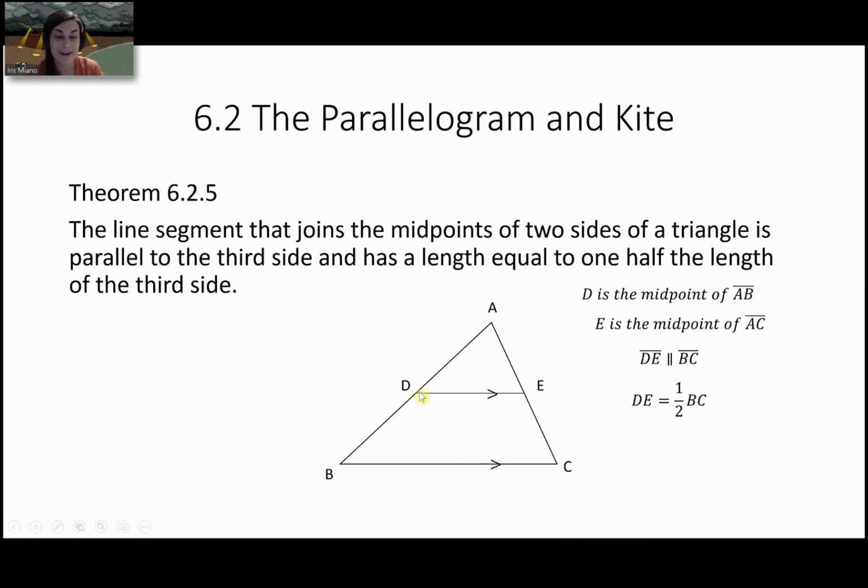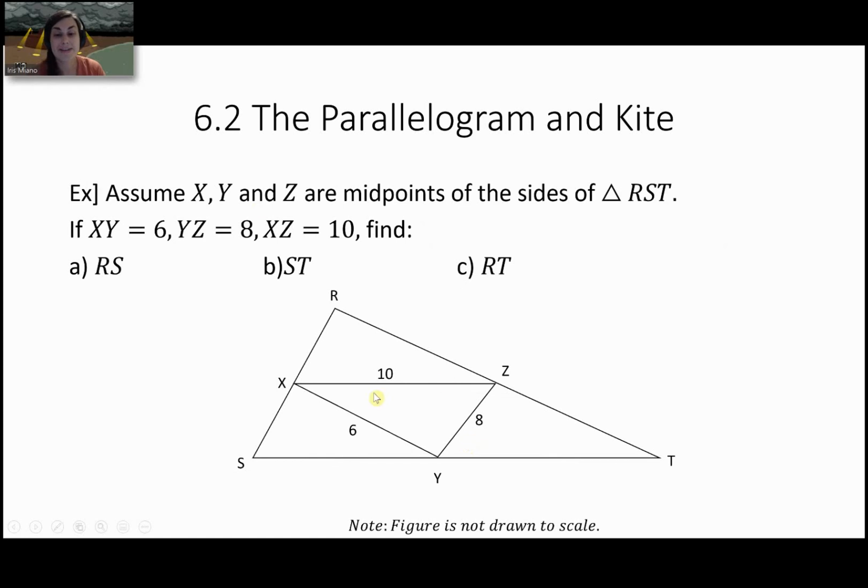Now remember, if an edge is joining midpoints and it's parallel, it's parallel to the edge that it's not touching, and it's half the length of that parallel edge. So let's take that into account.